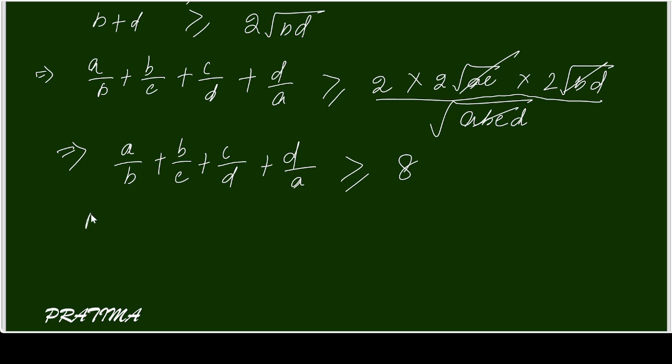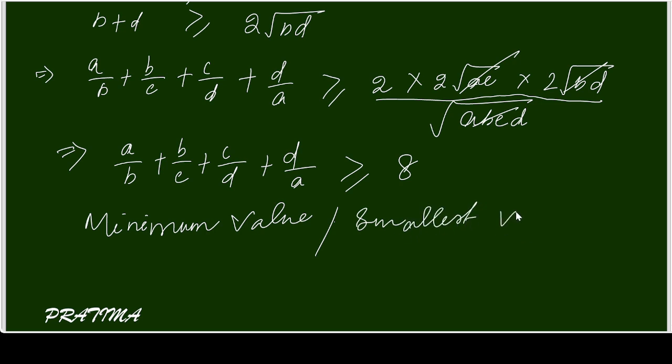So the smallest value of A over B plus B over C plus C over D plus D over A equals 8.